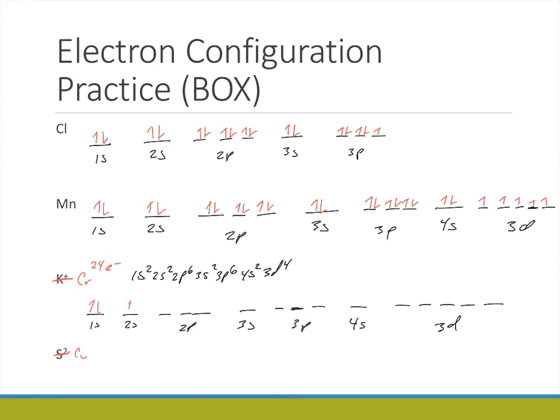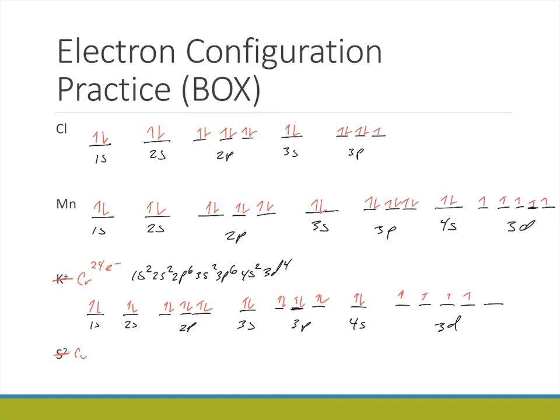Up, down, up, down, up, up, up, down, down, down, up, down, up, up, up, then down, down, down, up, up, up, and then up. 24 electrons. Now, this is another aspect of Hund's rule. Energy is minimized if we have half-full orbitals.